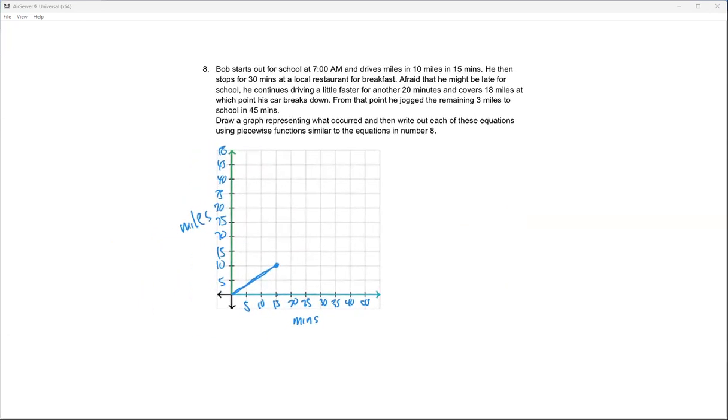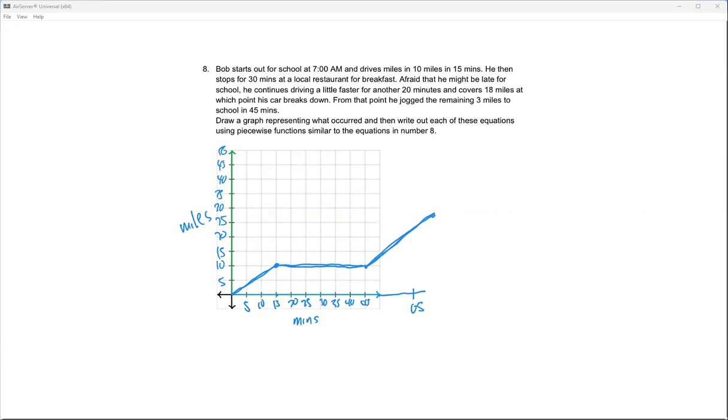So till 45 minutes, he's at a restaurant. And then he drives faster, so in 20 minutes covers 18 miles. So from here, at the 65-minute mark, he covers 18 more miles, so that'd be a 28-mile mark. So 28 is right here. And that's pretty much it.